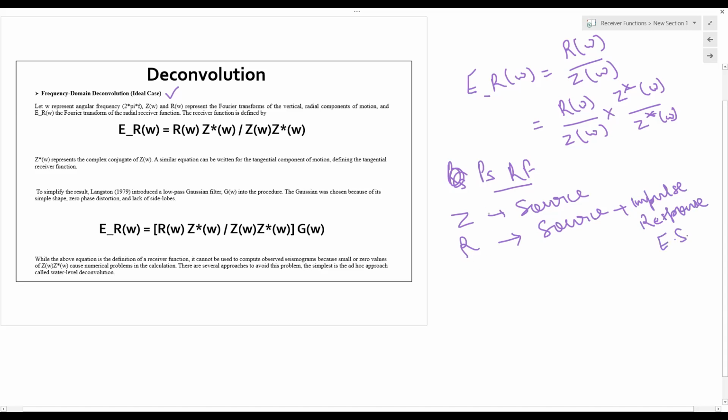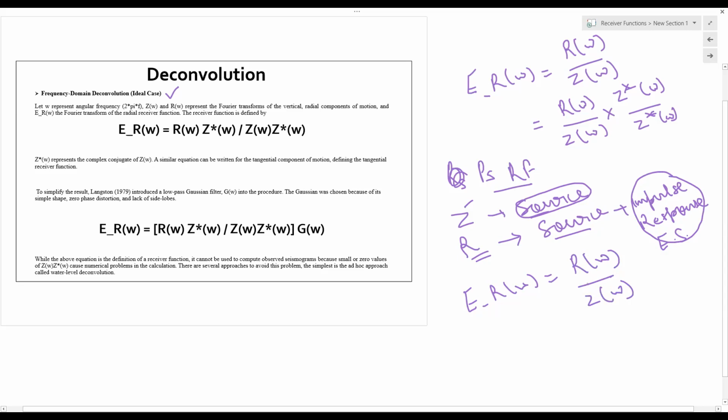So by deconvolution, you would like to remove the effect of the source pulse from your radial component. So to compute the earth response, you deconvolve the vertical component from the radial component, so that the impulse response of the earth structure is the only thing that will remain in your receiver function. That is why we are deconvolving the vertical component from the radial component.